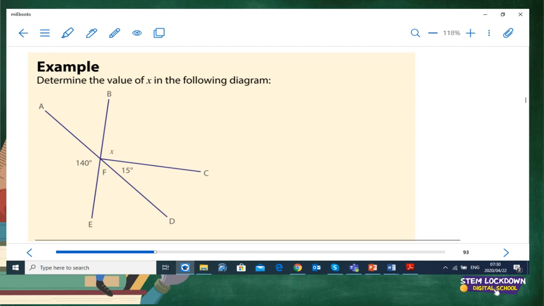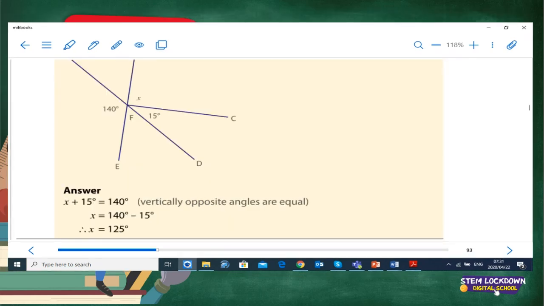And of course, if you subtract 15 degrees from 140, you will be left with 125 degrees. So therefore, as you can see there, it means your angle X is going to be 125. But you will see that as we unpack it in the following slide, it will make a lot of sense. So just focus in the next slide.